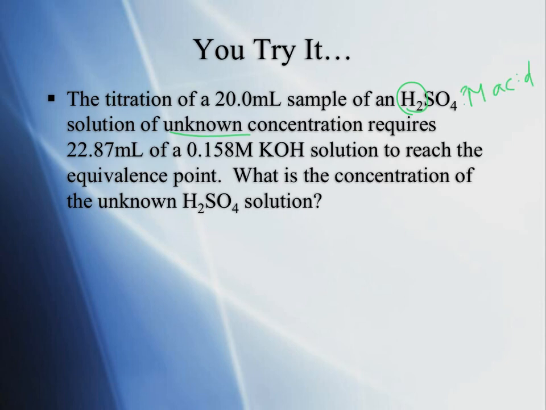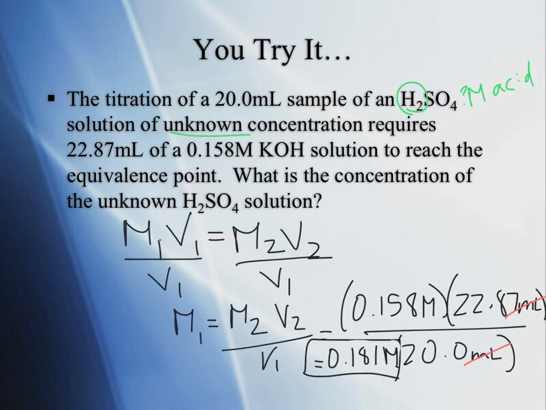It's going to require 22.87 milliliters of a 0.158 molarity KOH solution to reach the equivalence point. What is the concentration of H2SO4? So go ahead and pause this, do this on your own. Use the equation there, figure out M1, the concentration of the acid here, and then unpause it to see if you did it correctly.